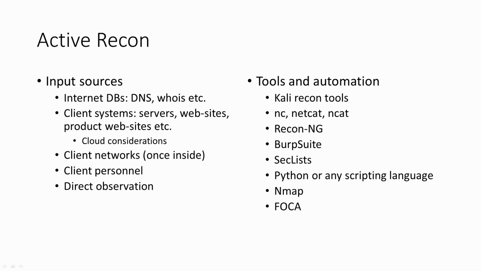You can just take a script and a list of emails and do that. And it's not going to change anytime soon. So this is the cloud considerations for active reconnaissance.